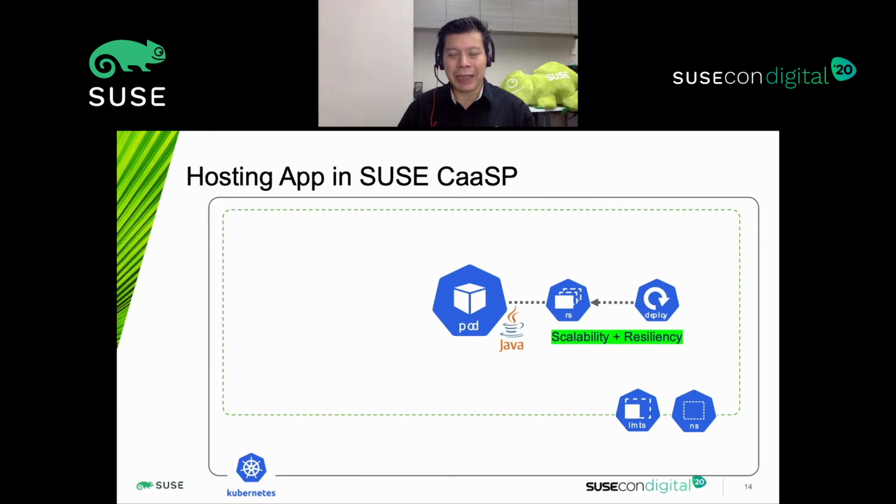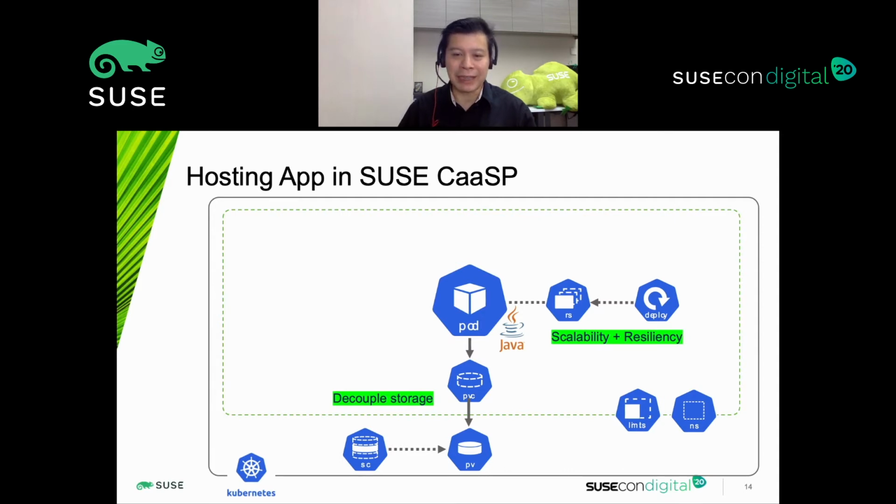Then the application, like a Java application, is containerized and deployed as a pod, which is governed by the deployment and replica set to ensure resilience and scalability, and also support various application upgrade strategies using these resources in Kubernetes. The app will also be decoupled from the underlying storage through the use of persistent volume, storage class, or persistent volume claim concepts. All the data accessible by the application will be stored in the mounted volume defined by the developers and administrators.